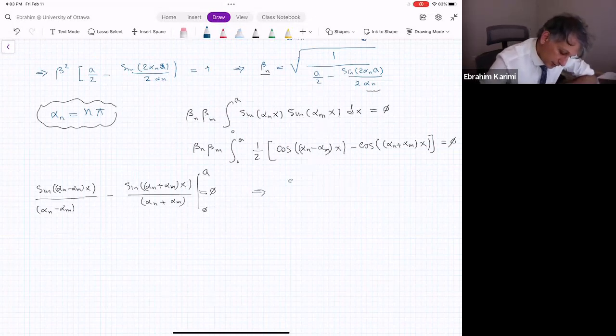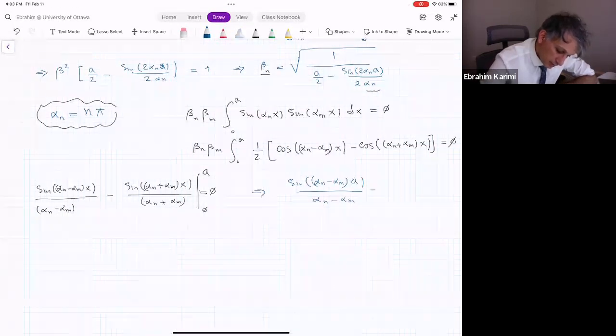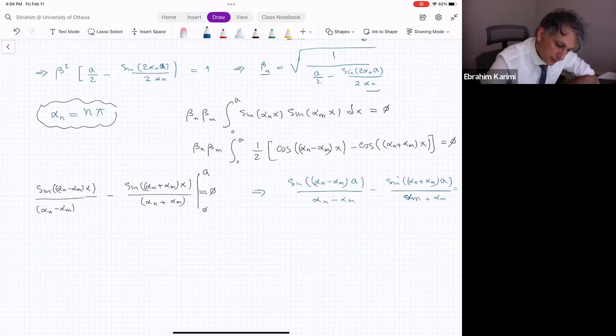Then that will be sine of alpha n minus alpha m of a divided by alpha n minus alpha m. The other one, the difference will be 0 minus sine of alpha n plus alpha m of a divided by alpha n plus alpha m. That should be equal to 0.